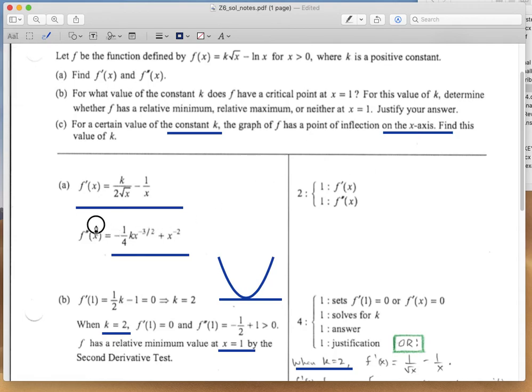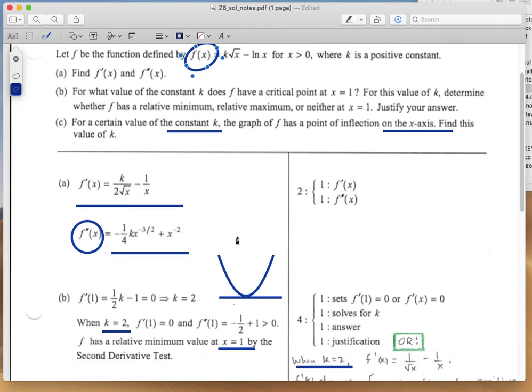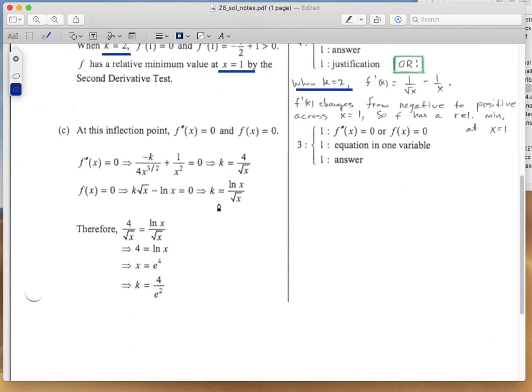So the second derivative has to change sign, and the function value has to be 0. That's the only way I could have a point on the x-axis, is if the function value was 0. So where does the second derivative change sign and the original function equal 0?